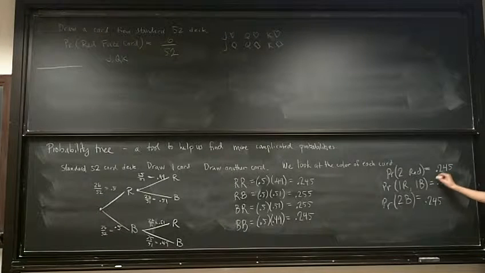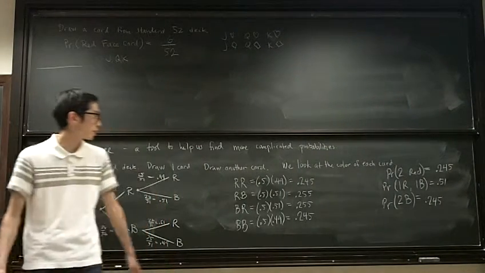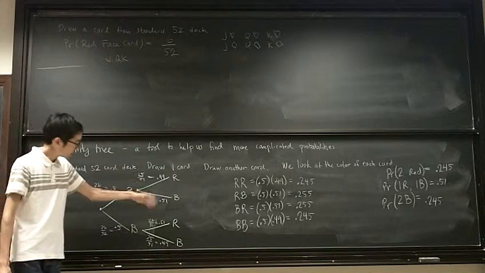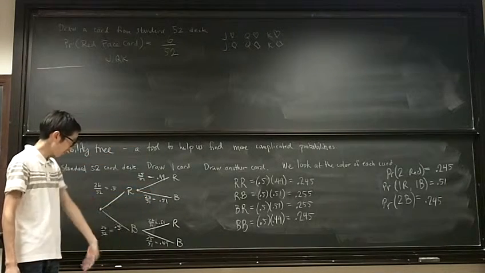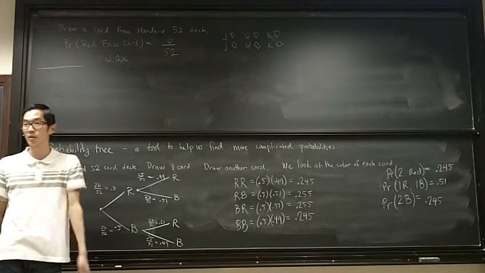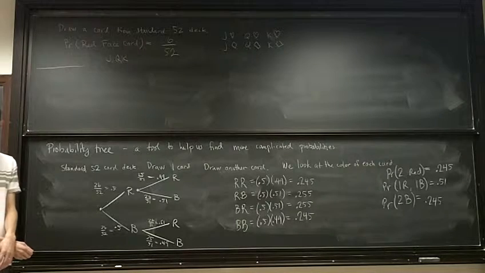Okay, so this is what we can use a probability tree for. It's a tool that helps us answer questions for slightly more complicated situations. Yes? So all that also has to add up to 1, correct? Yeah, all of that also has to add up to 1, okay?